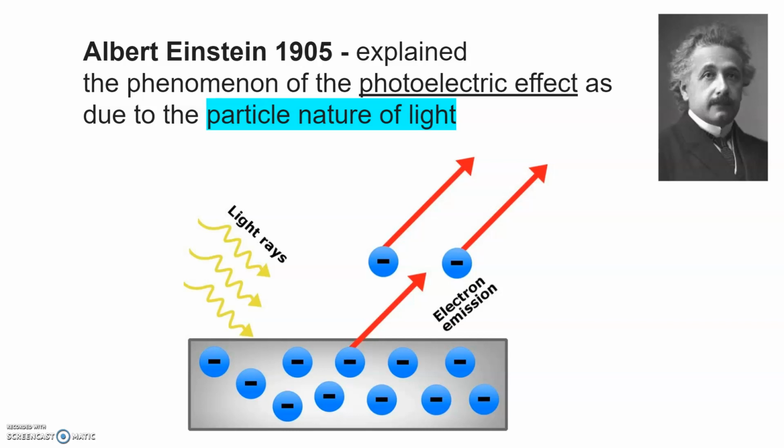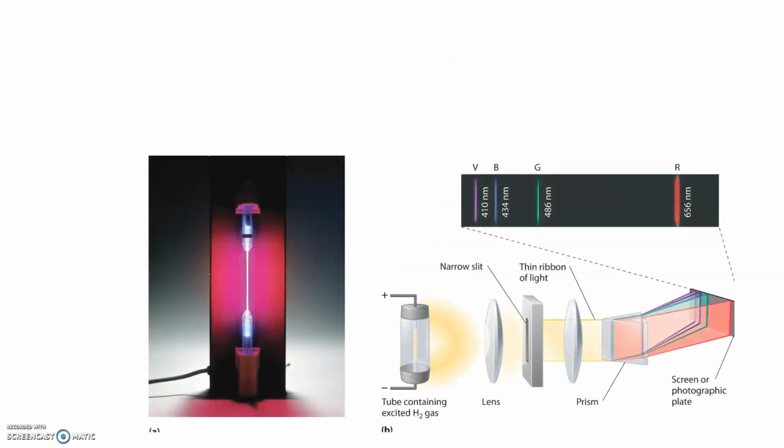The last one is the emission spectrum. Scientists for a while were studying the emission spectrum of a gas, and the experiment is one where you take an element like hydrogen gas and you pass an electric current through it, and that excites the hydrogen gas, and it starts to give off light, as you can see here.